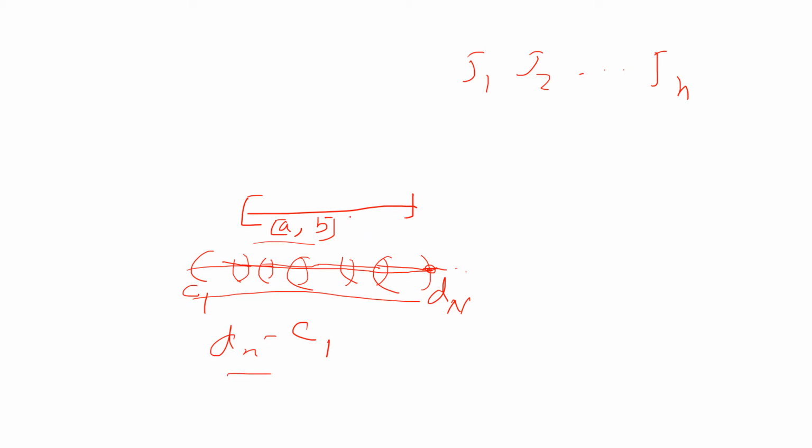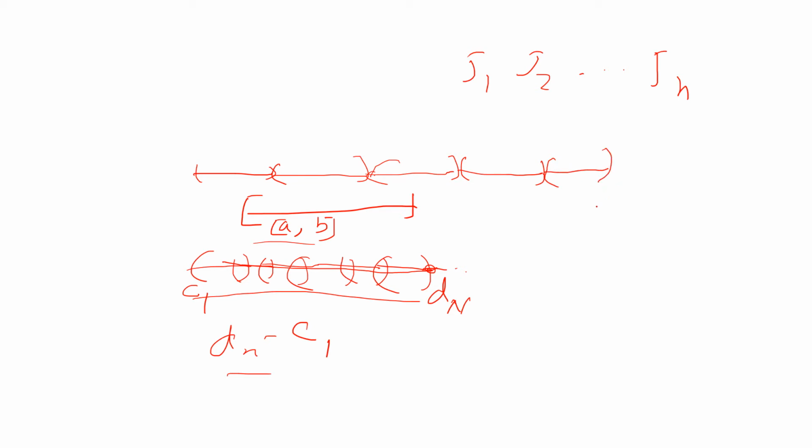But if you take the individual intervals and find the length and the sum, C1 will be here, and then C2 will be here, and then C3 will be here. You are going to sum up the lengths of the intervals, and then C4 will be there, and lastly suppose Cn and Dn will be here, okay.